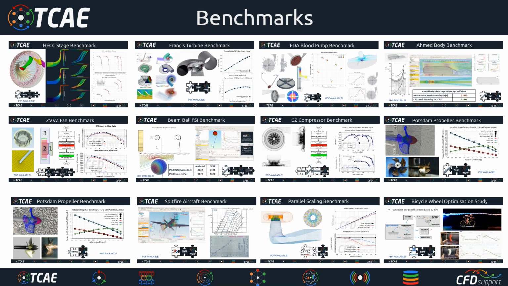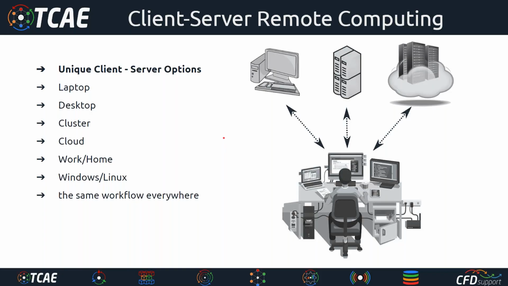That's important. Another important principle is that TCAE can be run from anywhere and run anywhere. You can run it on a laptop, a desktop PC, a cluster, the cloud, you can work from home, you can run it in your office, you can run it on Windows machines, you can run it on Linux machines.